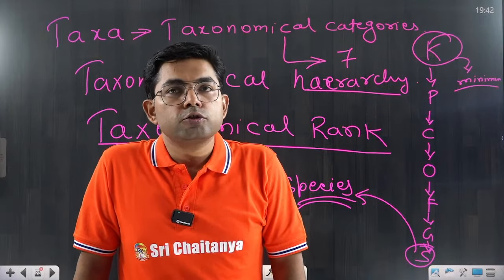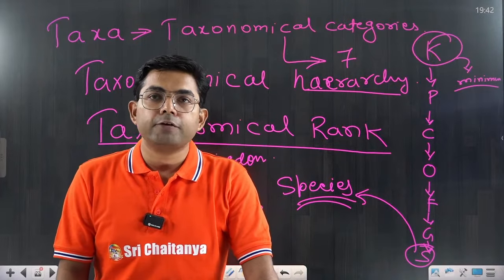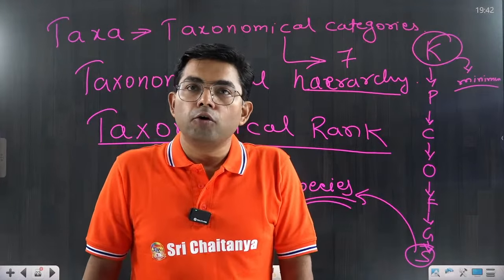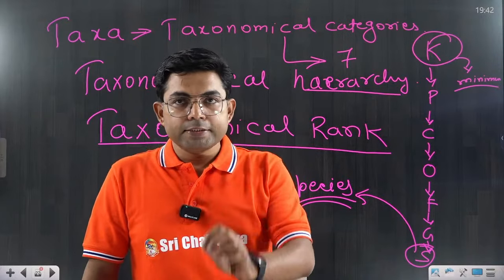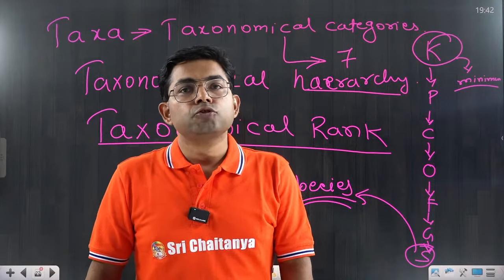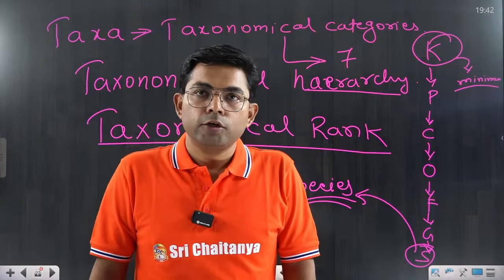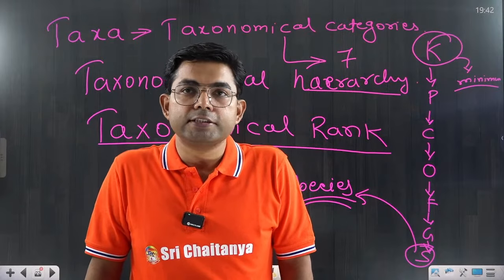Next class we will also do some more interesting questions. What I expect from all of you is that today you go back to NCERT, read this chapter, The Living World, and solve some questions from the portion which we have already completed. Next day we will continue with this chapter.